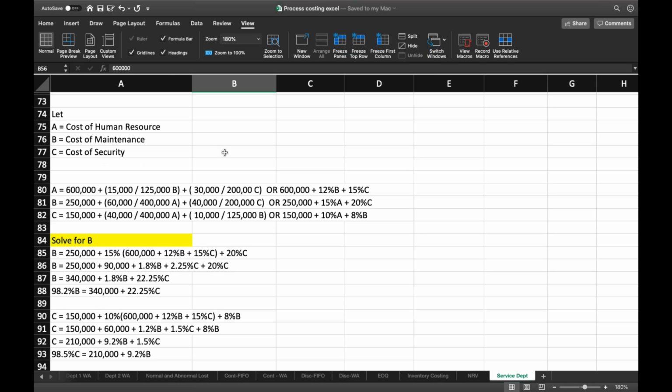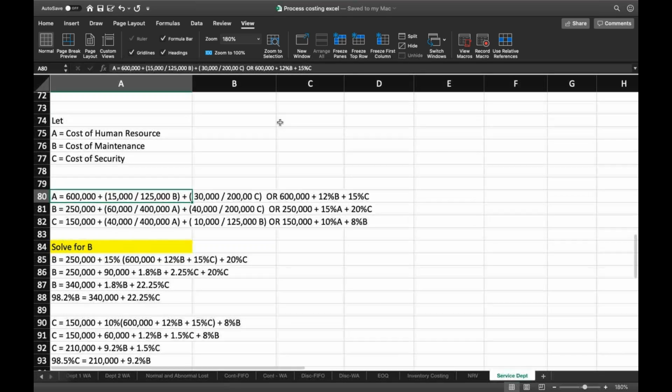Now, the equation for the true cost of human resource, that's A, is equal to 600,000 plus 15,000 over 125,000 of B plus 30,000 over 200,000 of C, or 600,000 plus 12% of B plus 15% of C. So where did we get all these figures?